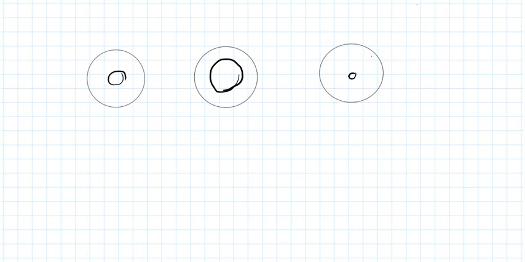Now this one should be something normal, so we'll keep it like this. This is mydriasis. So what happens is, there are two types of fibers.